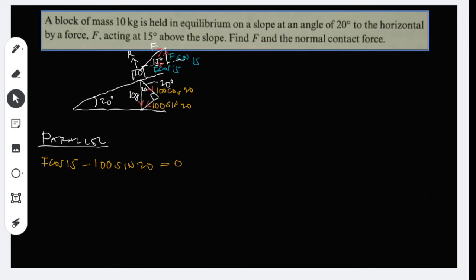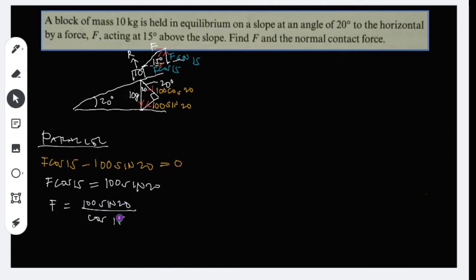So therefore, this becomes F cos 15 equal to 100 sine 20. If we're going to solve for F, F will be equal to 100 sine 20 all over cosine 15.